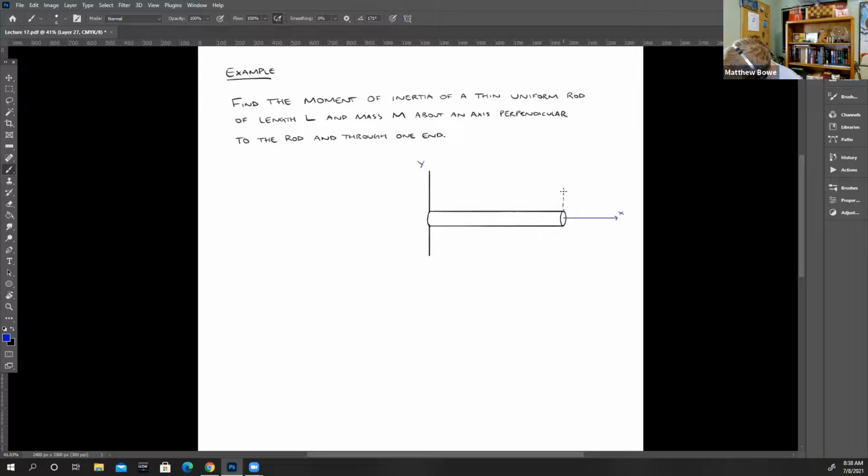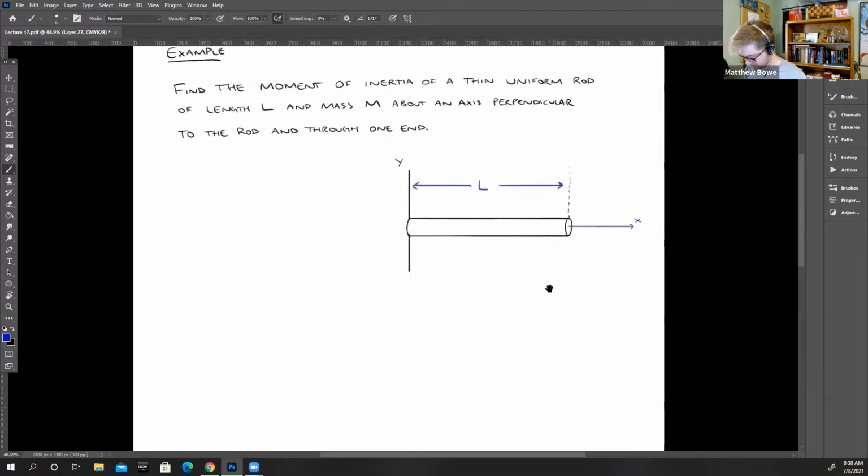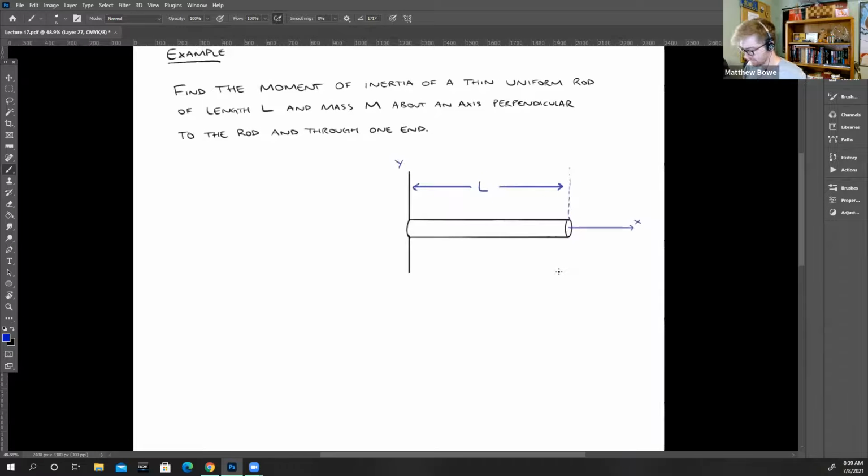The rod itself is a length of L. It's going to be rotating around like that.